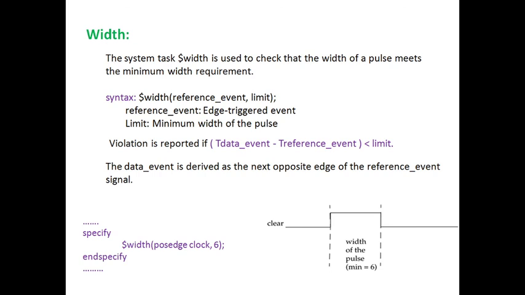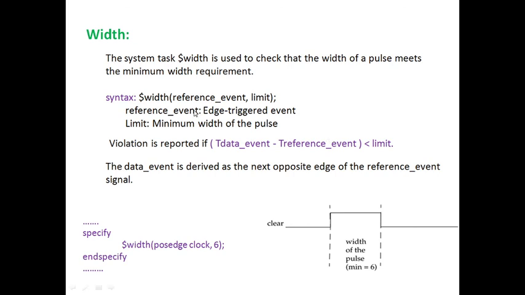Any pulse signal, which may be data or a clock, is okay to check the width of a pulse. So the reference event may be a clock or some other variable signal which has an edge triggered event.